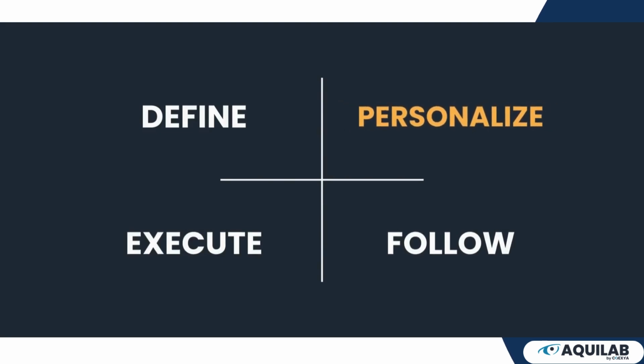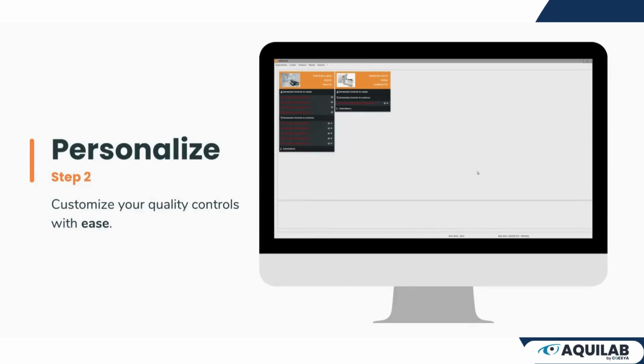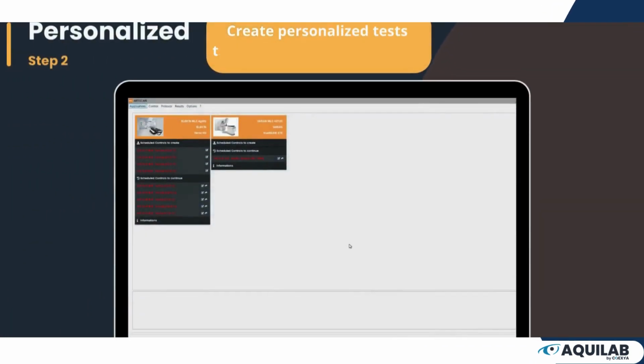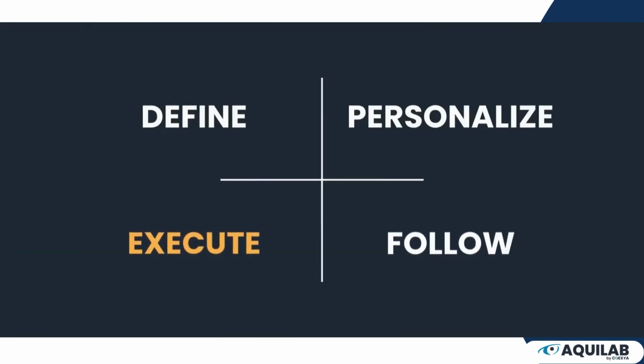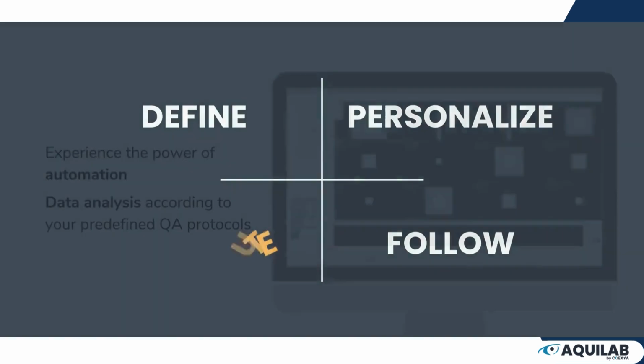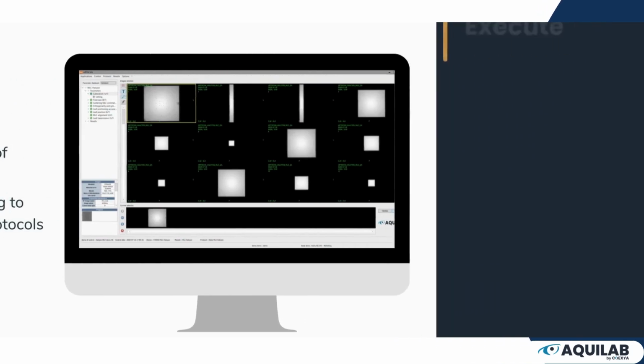Step 2, personalize. Customize your quality controls with ease. Create personalized tests tailored to your unique requirements. With ARTISCAN, flexibility is at your fingertips. Step 3, execute. Experience the power of automation as ARTISCAN performs data analysis according to your predefined QA protocols.